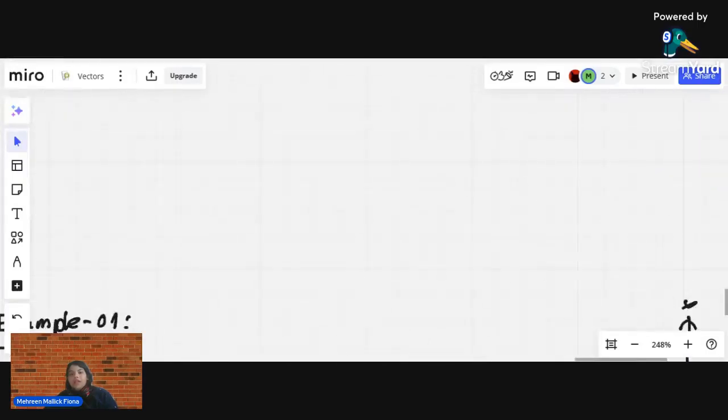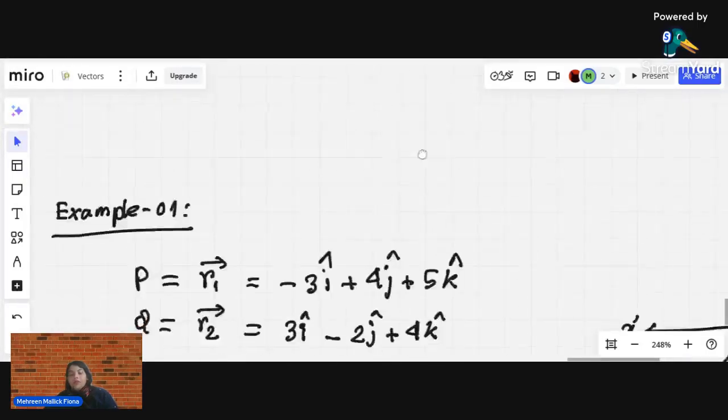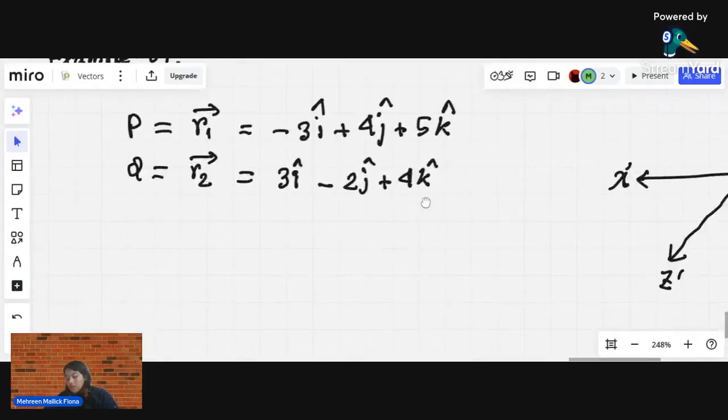The previous slide was not very elaborate about it, so I'm going to show it now. Step 01, I would firstly subtract the values here.